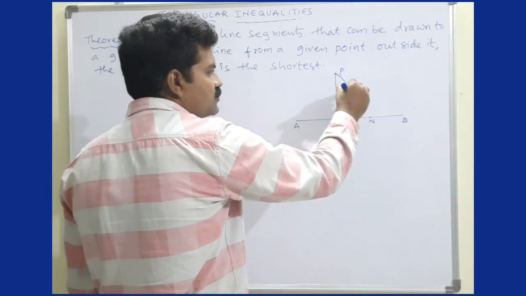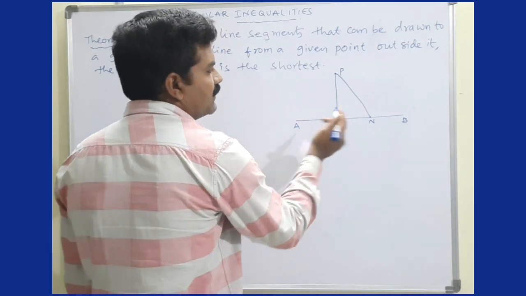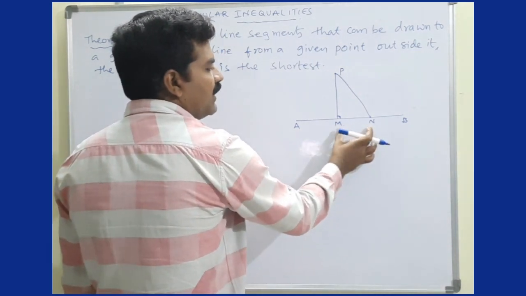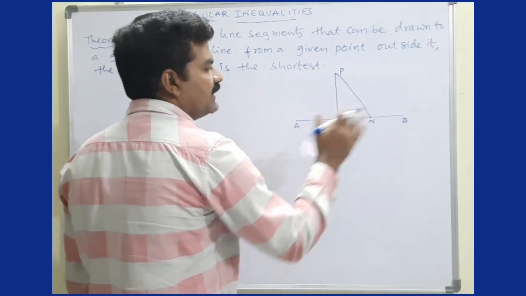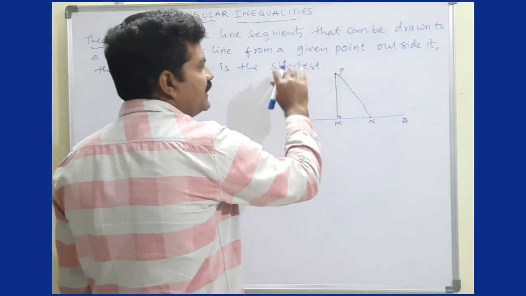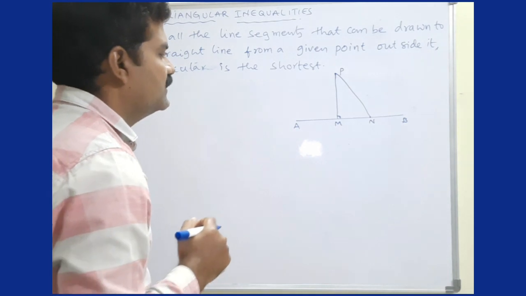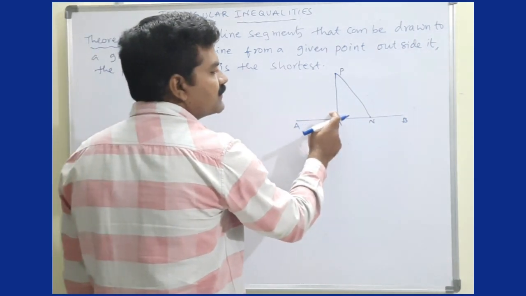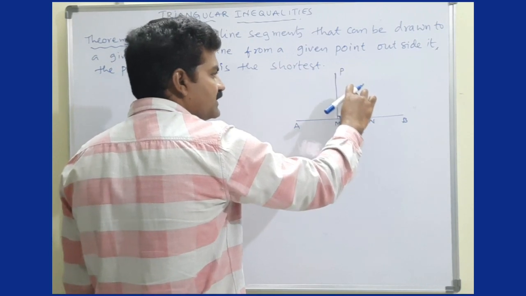Now also join PN. M and N are both points on the same line. We need to prove that the perpendicular is the shortest, I mean PM is less than PN. That's what we have to prove here.